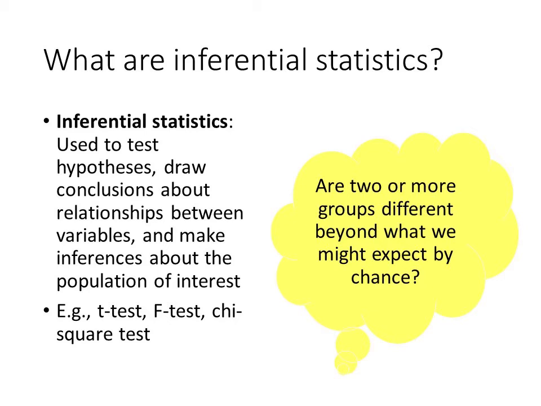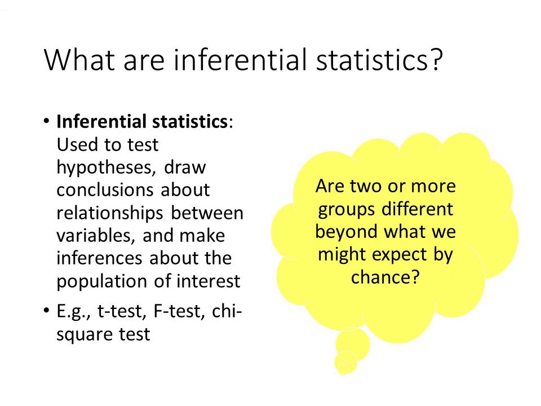Based on these statistics, we make decisions about how to treat the data, about the significance of our data, and to draw conclusions about the phenomenon we studied. The most basic question that we're trying to answer is, are 2 or more groups different beyond what we would expect by chance? Are the differences due to something we're studying or some other variable, or are the differences natural, expected, normal?